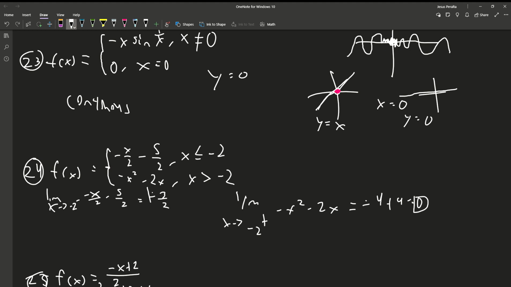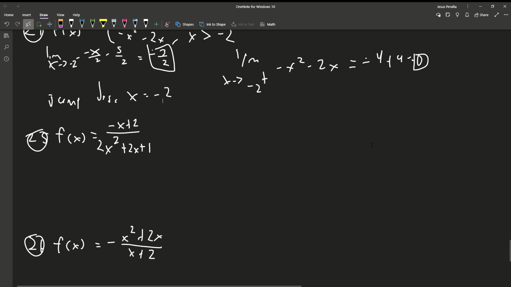You don't get the same thing, so that would be a jump discontinuity at x equals -2. And for the last two, just factor them out. Never mind, you cannot factor them out.